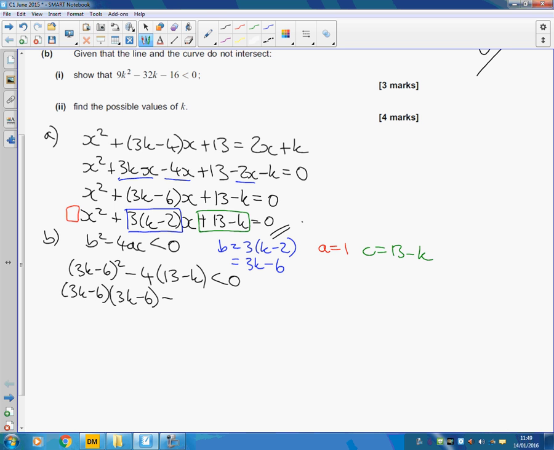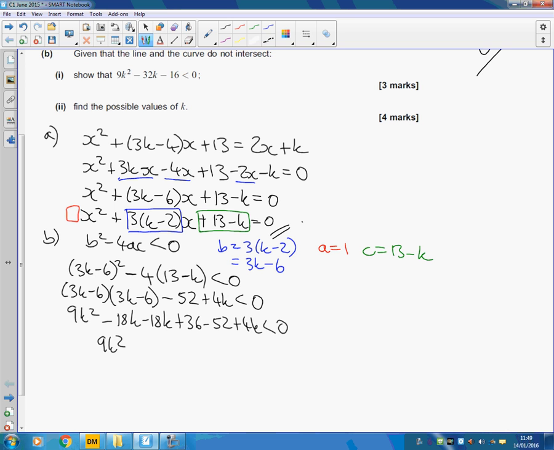And then also when we multiply out the second bit, we have to be careful because we've got minus minus. So 4 times 13 is 52, but then it's going to be plus 4k. So that's 9k squared minus 18k minus 18k plus 36 minus 52 plus 4k less than 0.